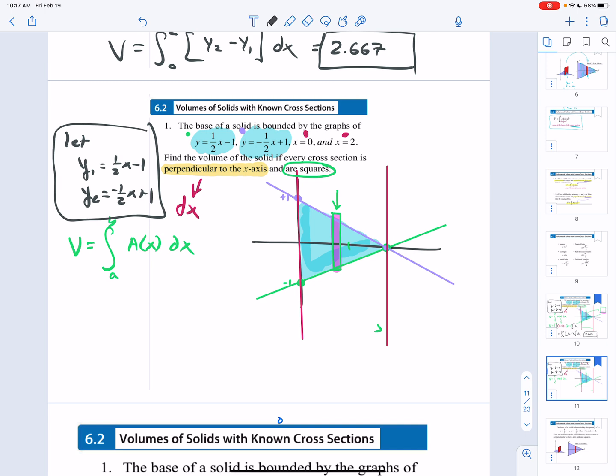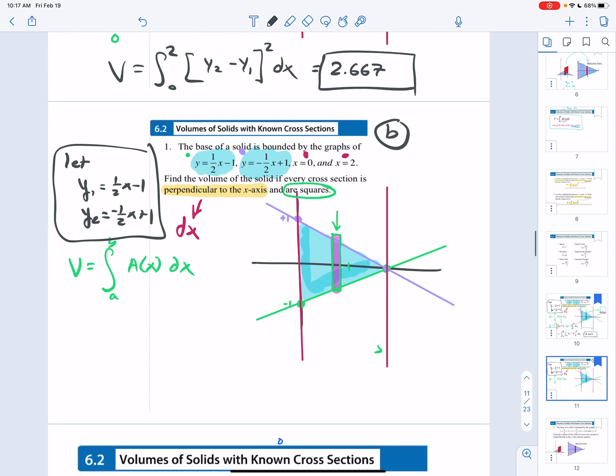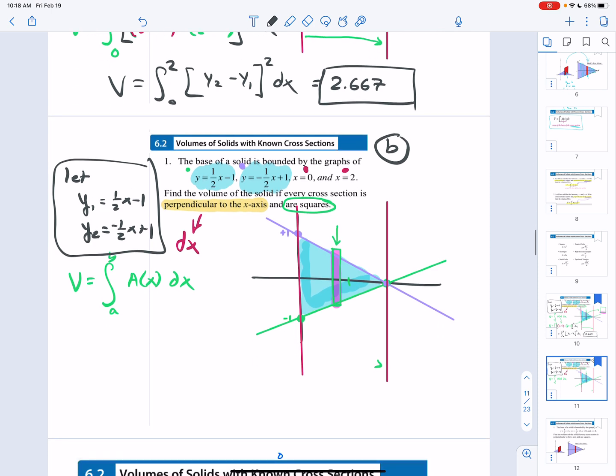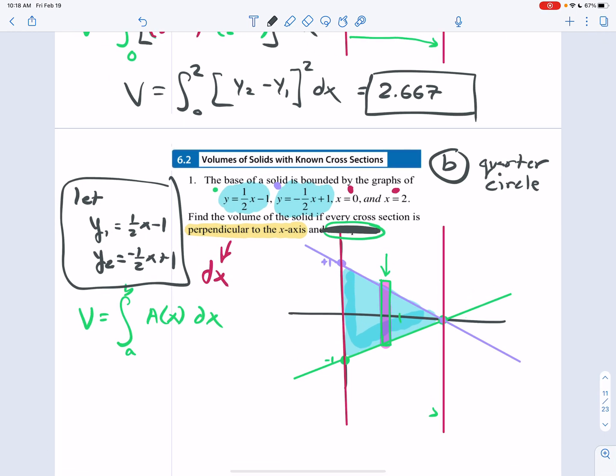We'll still keep y1 and y2 on our calculators just to keep it simple. Part B here, I'm going to write down that the cross section is a quarter circle.